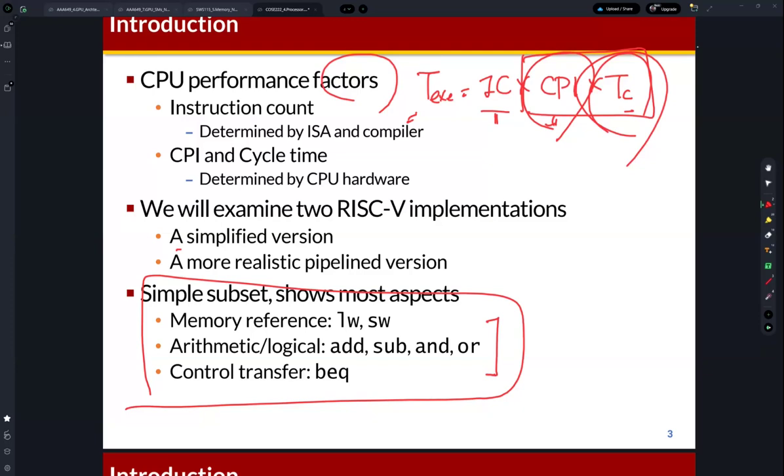But this is the undergraduate course, so we will learn about the very simple processor architecture: the pipeline architecture and the single cycle processor architecture.